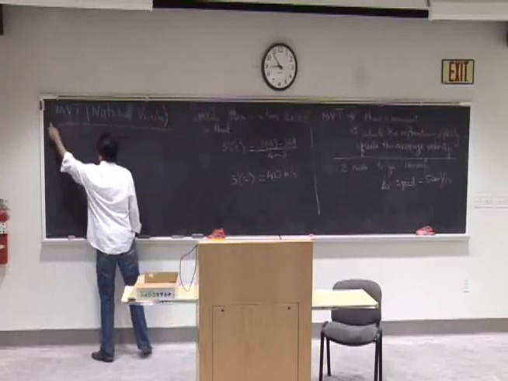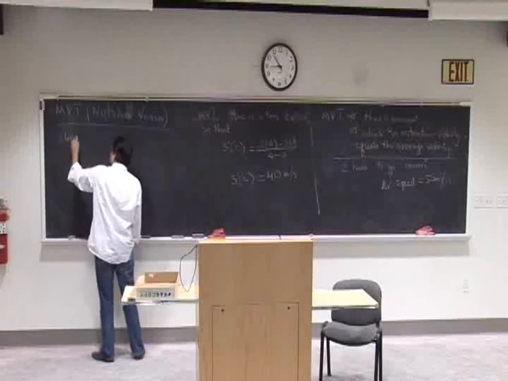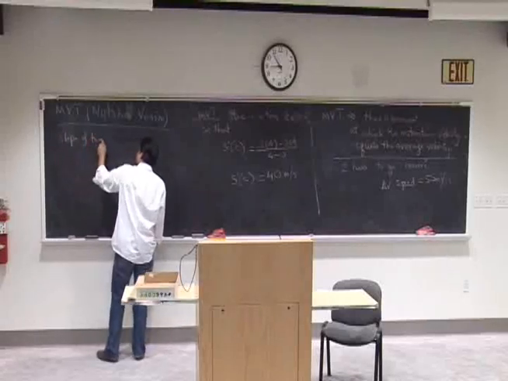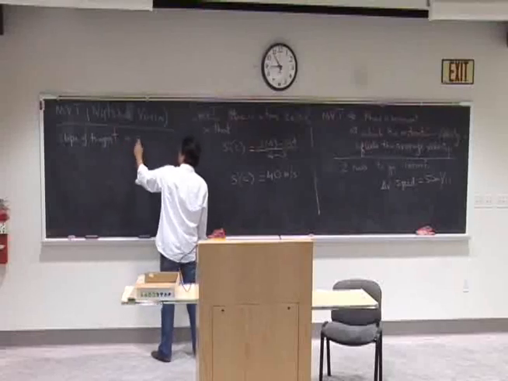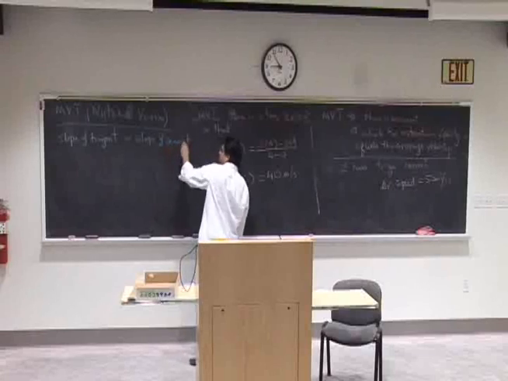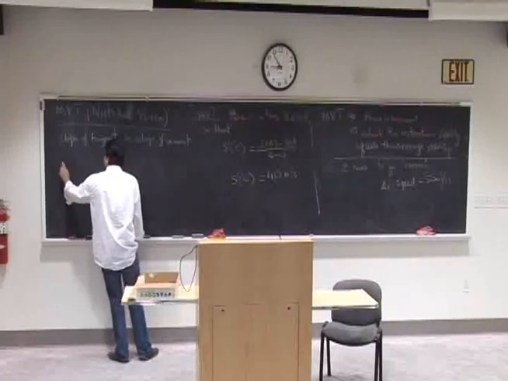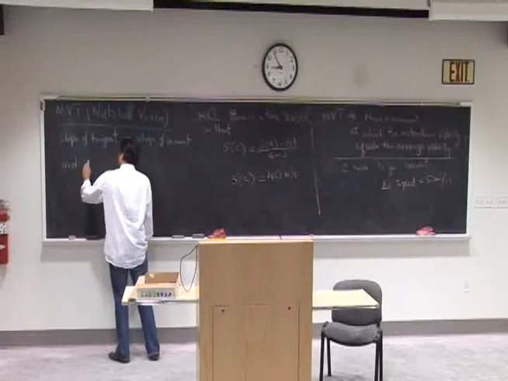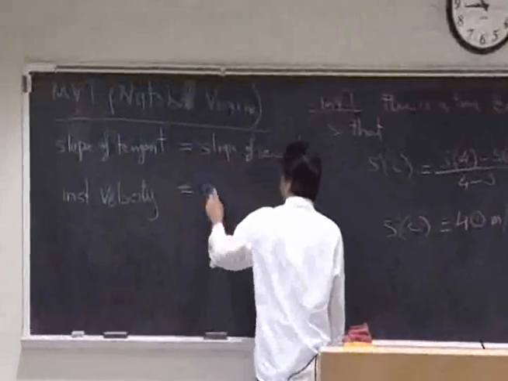Okay, very simple. The slope of the tangent equals the slope of the secant at some point. That is, the instantaneous velocity equals the average velocity.